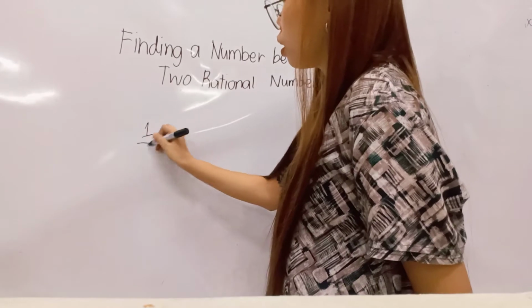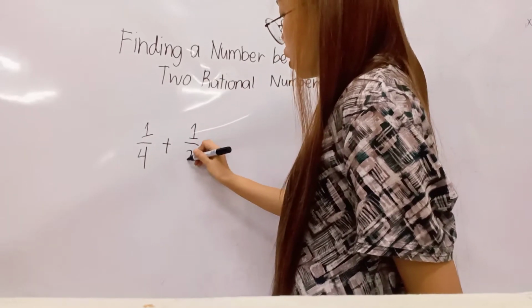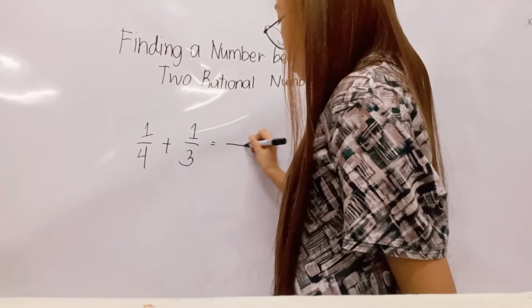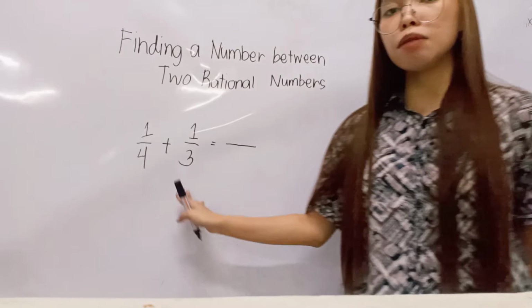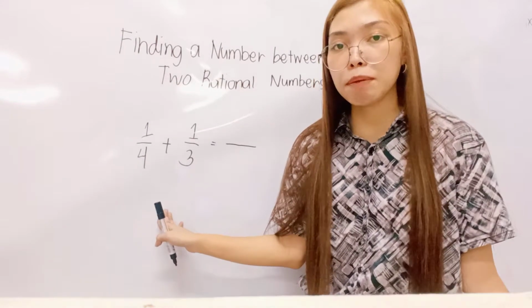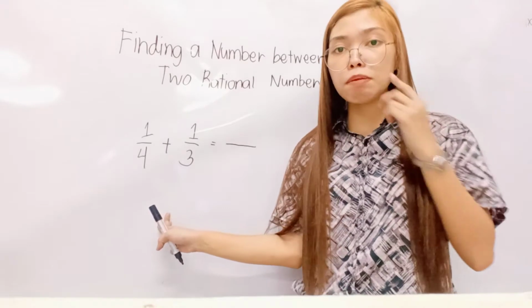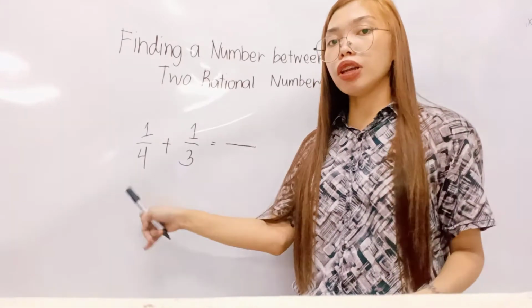1/4 plus 1/3. Ayan. So, since these fractions are dissimilar fractions, what we are going to do first is to make them similar. So, how are we going to make them similar is by finding the LCD of 3 and 4.